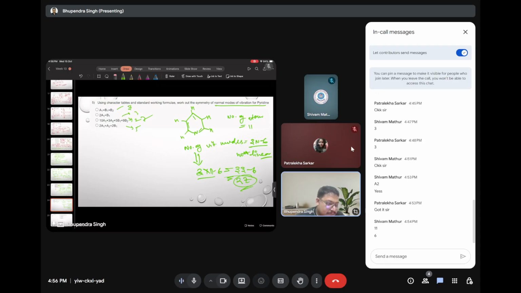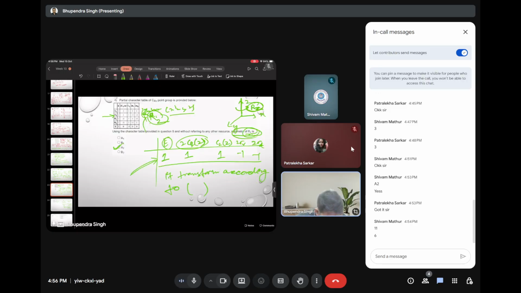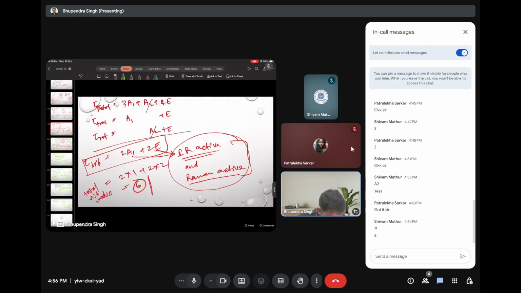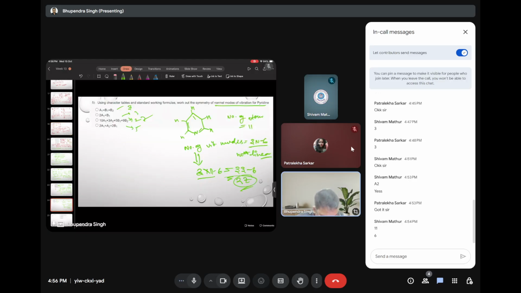This is a simple way of finding out the total number of vibration modes, which I have calculated. You can calculate for each of the options.